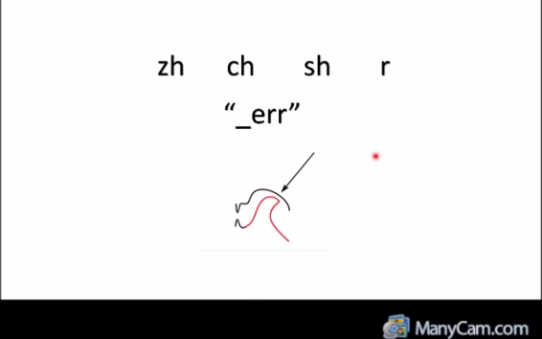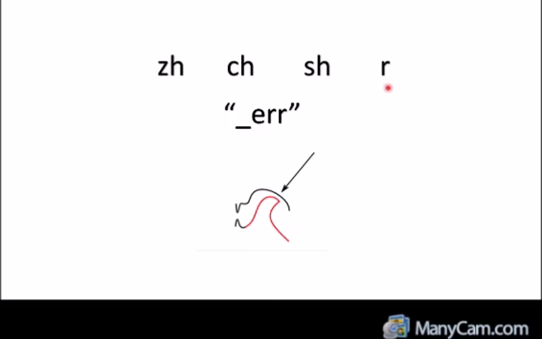So I actually point the front tip of my tongue near the front of the palate. The sound is sounding like instead of we want R sound, not R, because R is basically this character here.